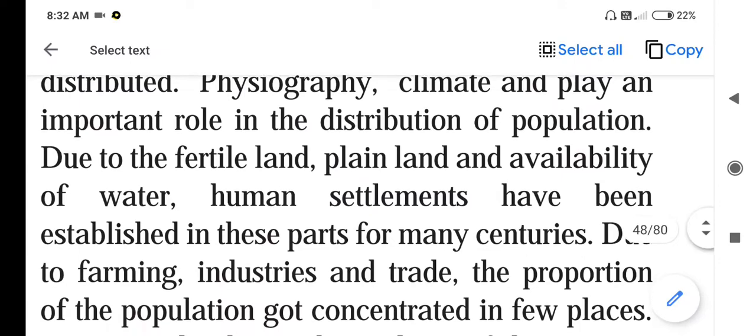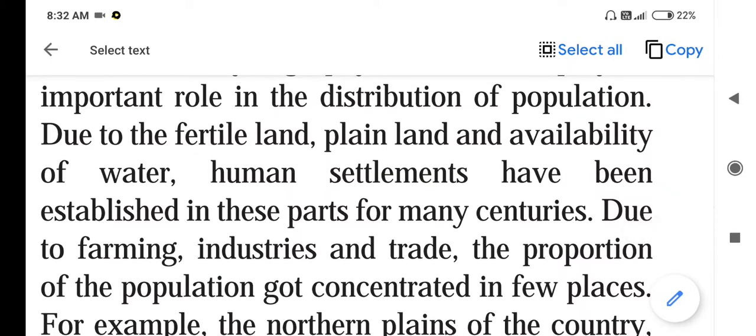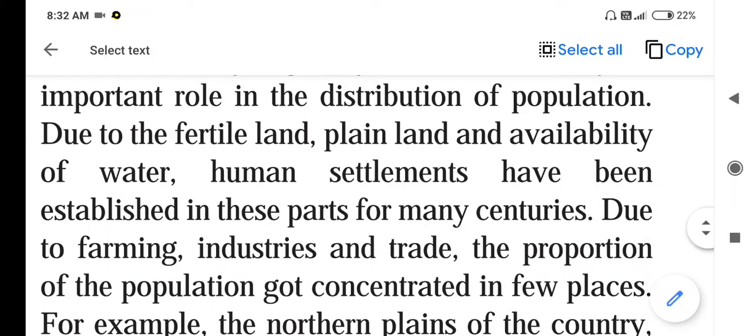So here it is said that due to farming, industries and trade, people will live in the areas where they will get employment and job opportunities. We have seen in the map that in the peninsula region, Kerala and Tamil Nadu, the population is more because of industrial areas and many metropolitan cities where population is very dense, because industry will provide employment to the people, and trade.